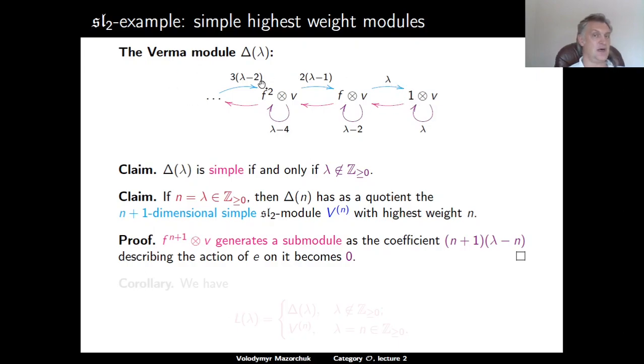When we factor it out, what we get is exactly the n plus 1 dimensional simple module V_n. Therefore, simple highest weight modules for SL2 are the Verma modules whose highest weights are not non-negative integers, and the simple finite dimensional modules, which are classified by non-negative integers.